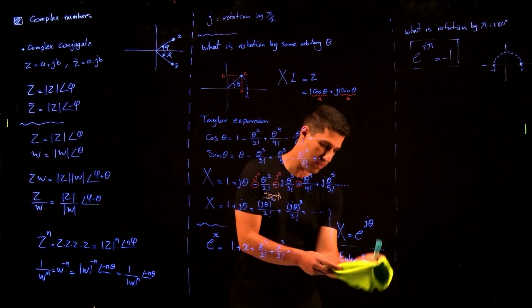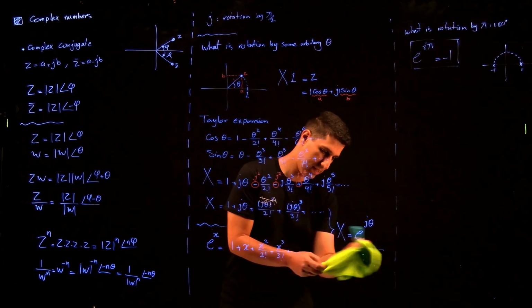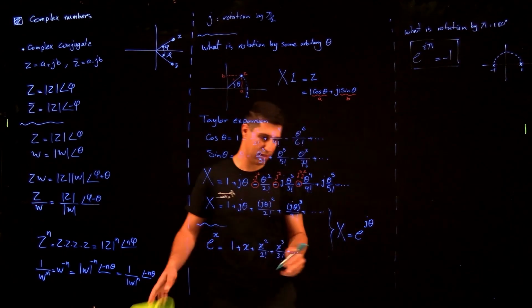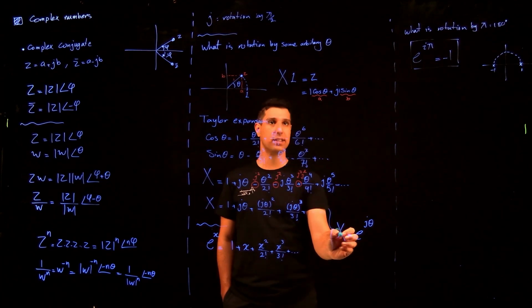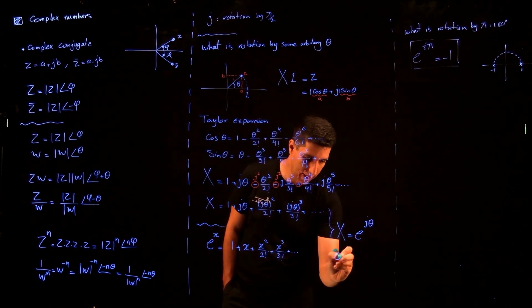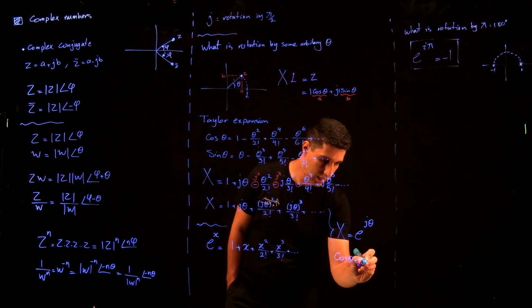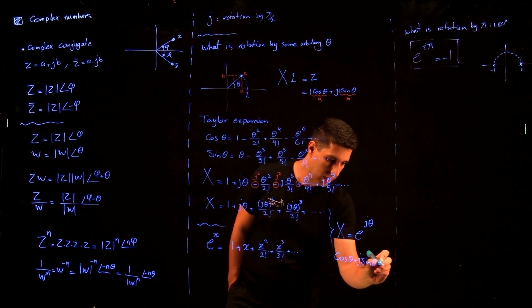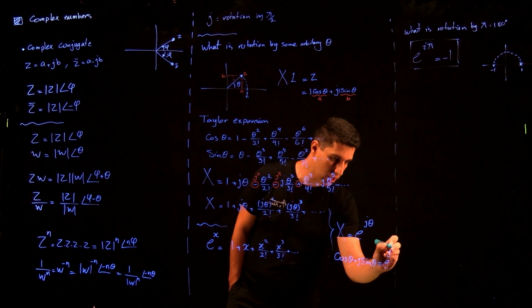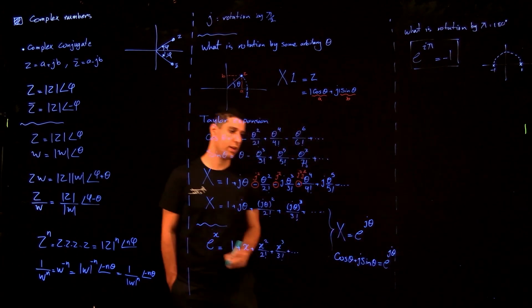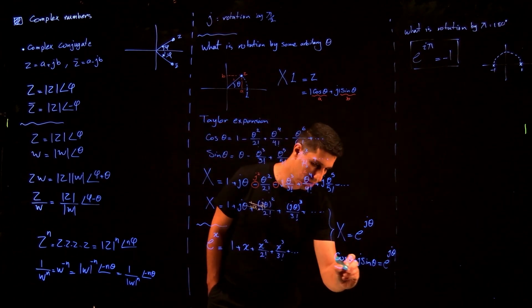Let me erase this. This is Euler's formula. So remember, x was cosine of theta plus j sine of theta. That is e to the j theta. This is Euler's formula.